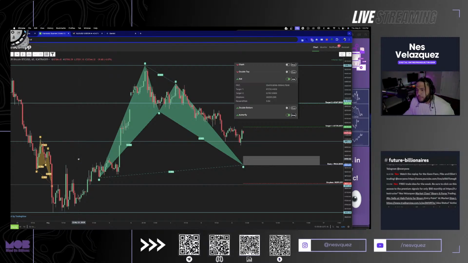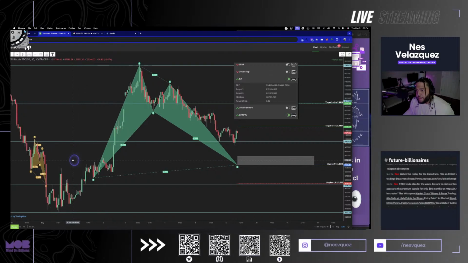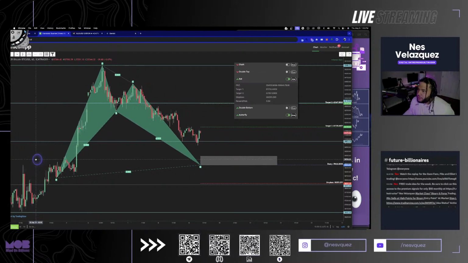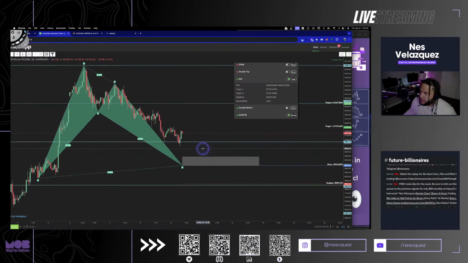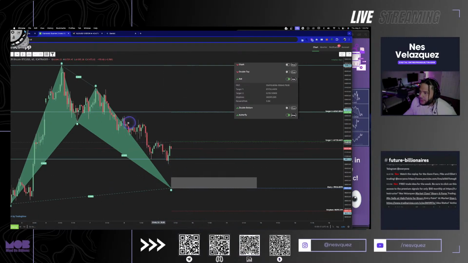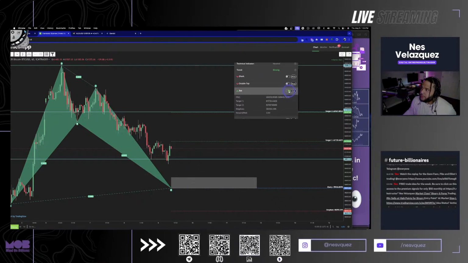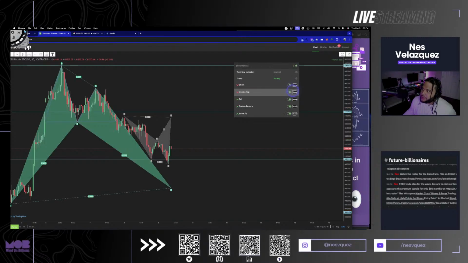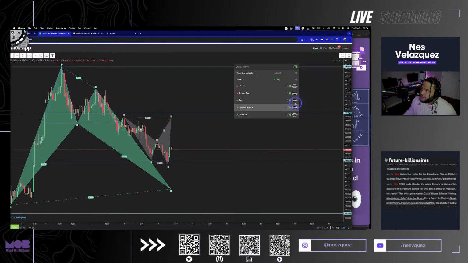Kind of looks like it could have been a reverse head and shoulders forming there before. But as we can see over here, that double top that formed, when that hits take profit, this bat pattern will be completed, and then a reversal is basically expected. So let's take this out of the picture, hide this.